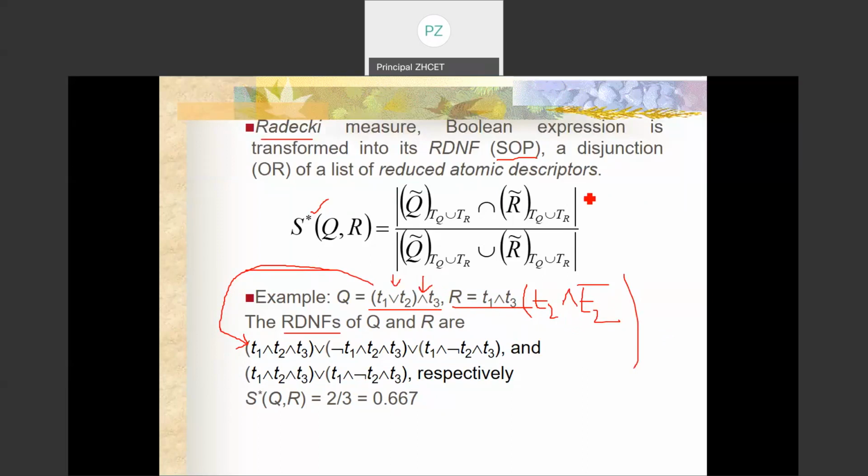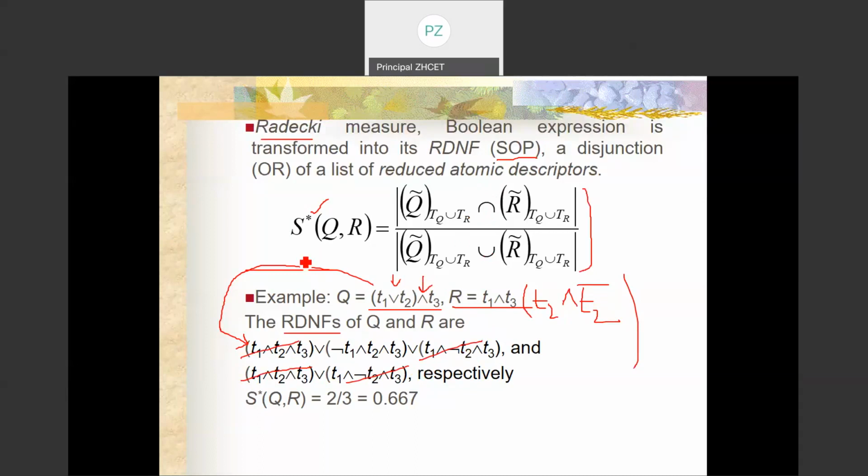So now this expression says that you have to find the number of terms that are common in both. So you see this one and this one is common. Likewise, this one and this one is common. So in the numerator, I'll have 2, the intersection. So I'll have 2 terms. Whereas when I find the union, then I'll have 3 terms.